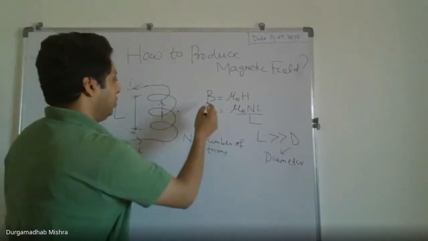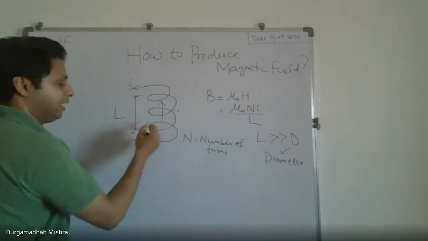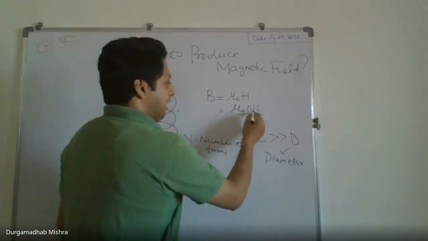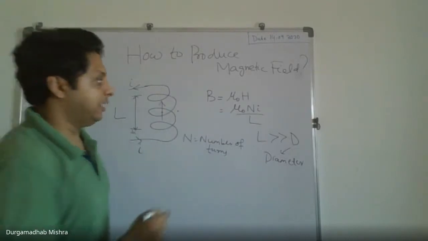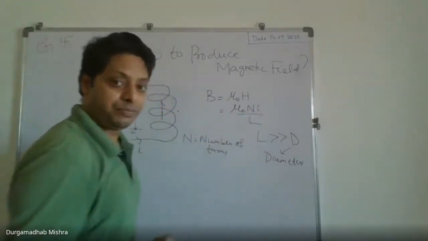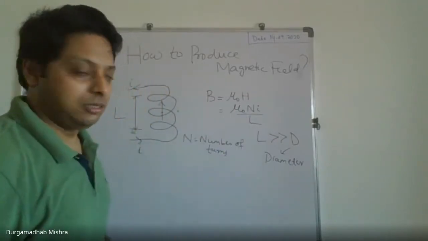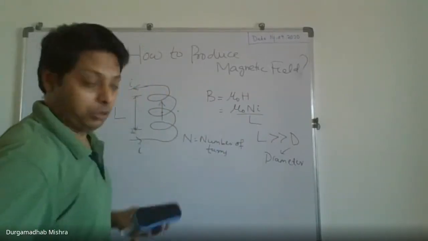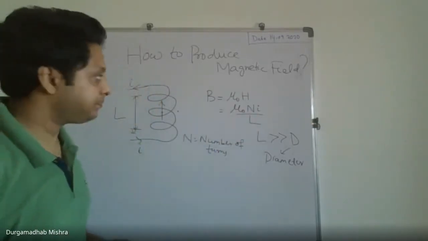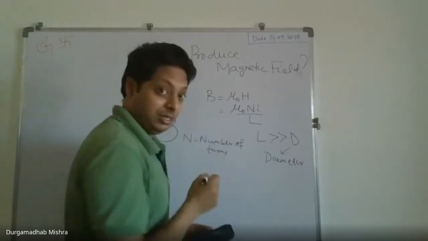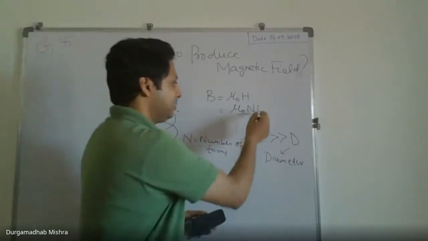That means you can produce a magnetic field just by flowing a current through a coil. And how can you increase this B field? You can increase current I, or you can increase N, right? Just keeping the length constant. So if you increase the number of turns, you can increase the magnetic field, and also you can increase the magnetic field by increasing the current I.